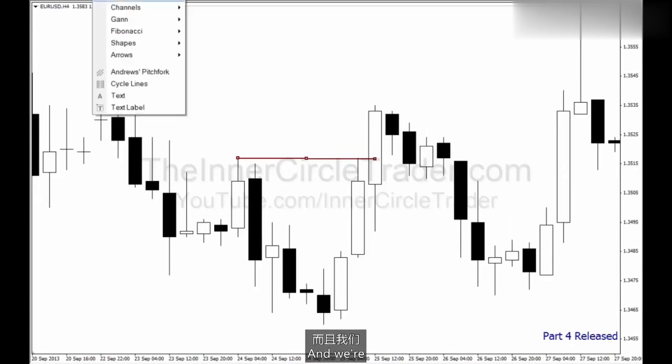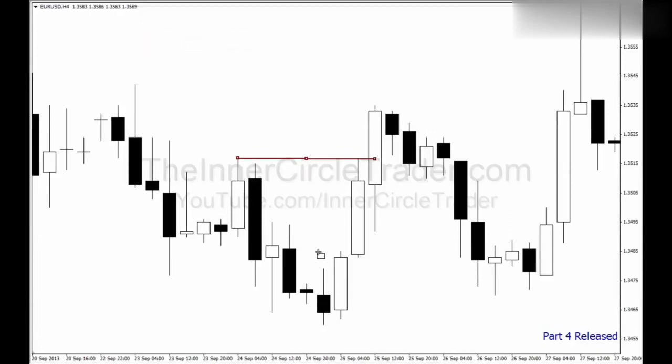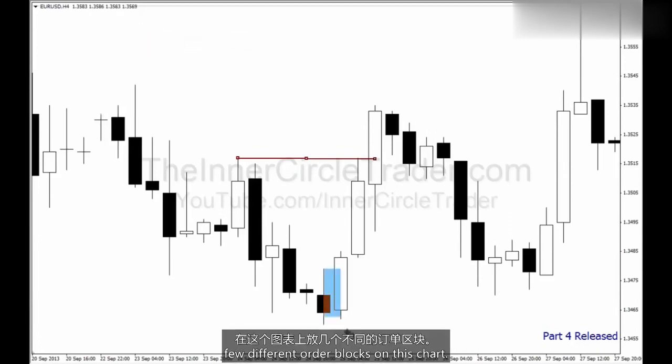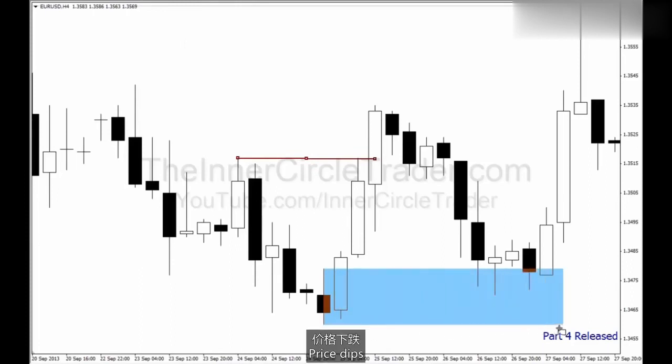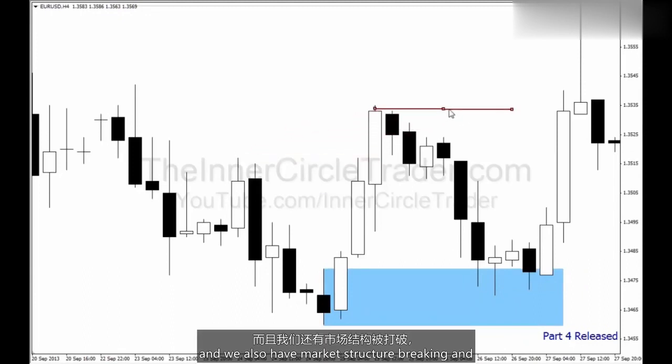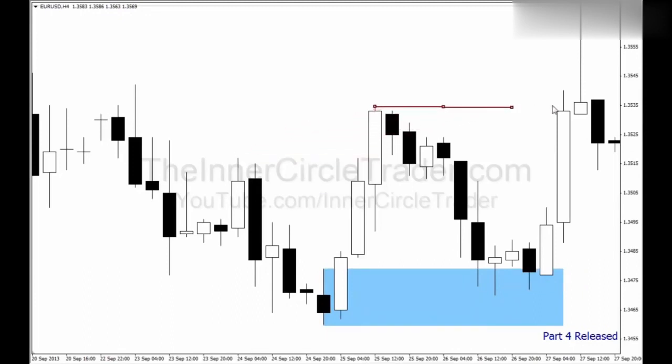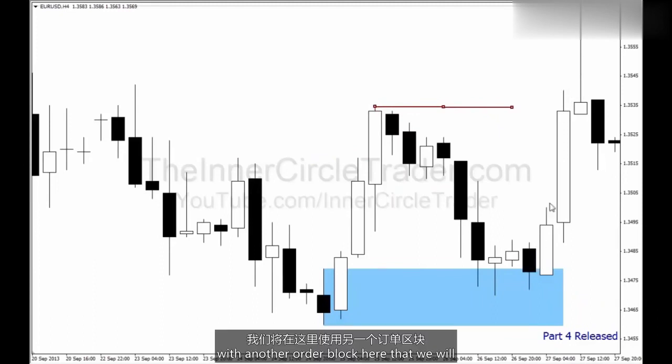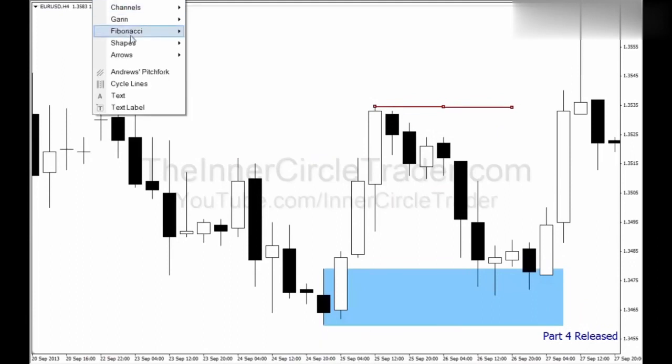Okay, and we're going to put a few different order blocks on this chart. Okay, price dips into it right in here. And we also have market structure breaking and confirming even further here with another order block here that we will reference.